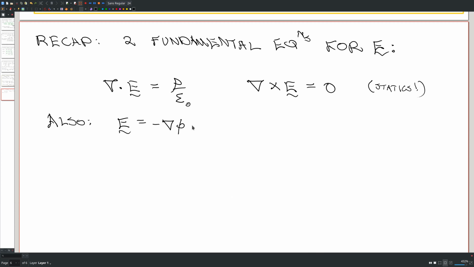Namely, it has three different values at each point in space. The values of, if you choose three different axes, x, y, z, Ex, Ey, Ez, three numbers. Okay, that's why it's a vector field. However, this vector field originates from a scalar field. The scalar field phi, of course, takes a unique scalar value at each point in space.